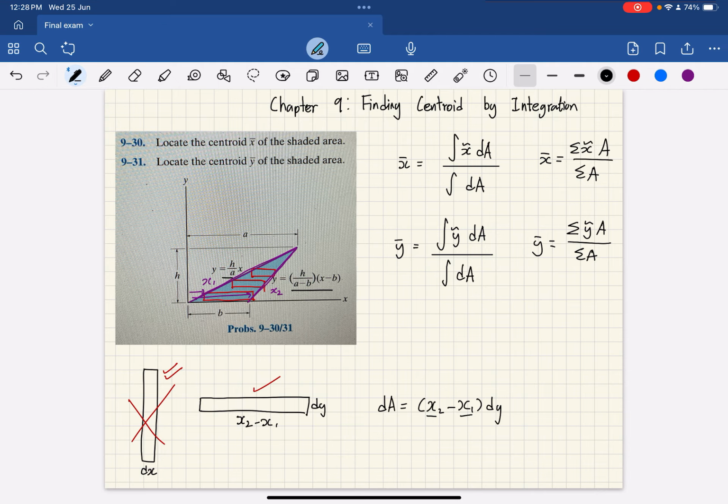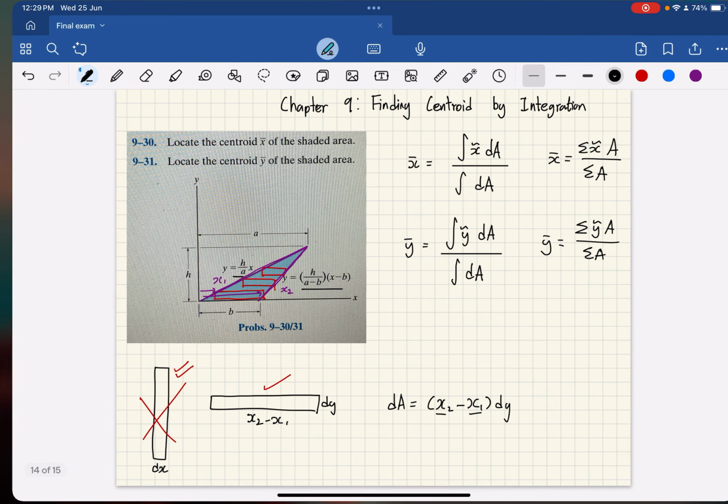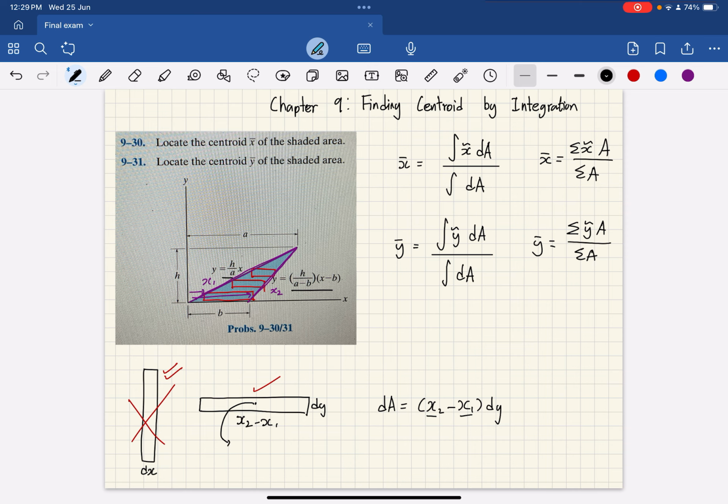Now how to find our x tilde and y tilde? Okay, so how do you find x tilde and how do you find y tilde in this case? If we consider this our element, this is our x tilde, and obviously our y tilde also we're going to have to find. We can see that x tilde depends on the x and y coordinate.